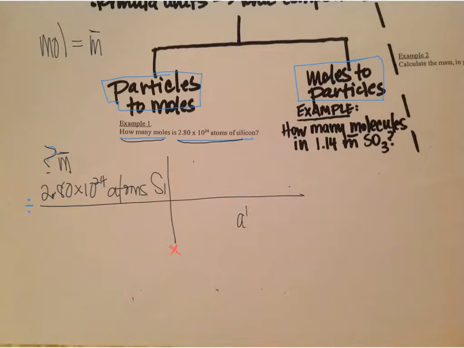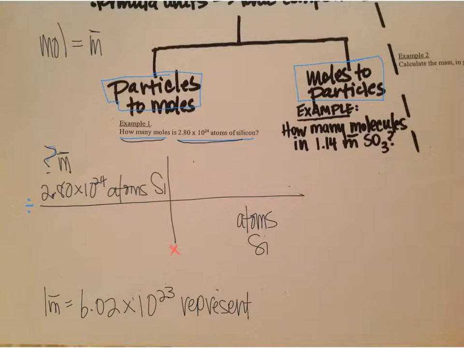So I am going to immediately put in here atoms of silicon. Now, this is where our conversion factor comes in. We know that 1 mole is equal to 6.02 times 10 to the 23rd representative particles.